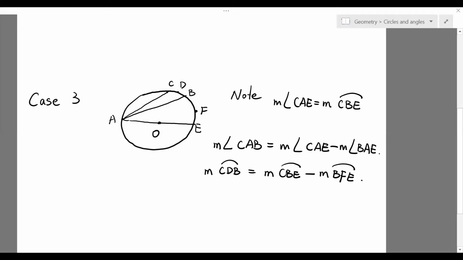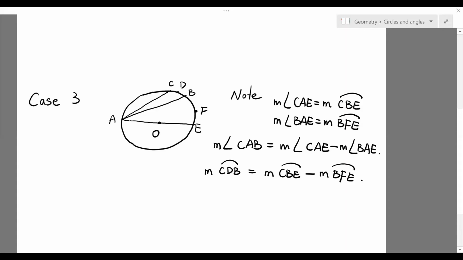At the same time, let's observe that the angle BAE is also an angle inscribed in the circle with the diameter AE as one of the edges of this angle. So we can also apply case 1 to conclude that the measure of BAE is half the measure of the arc BFE.